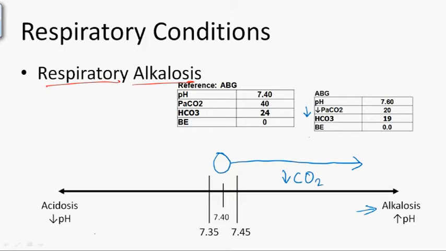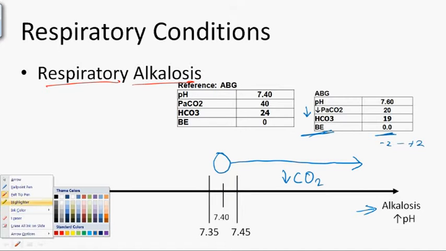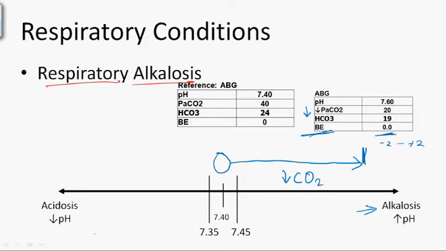Now, I know there's no effect from the kidneys or from any metabolic systems because my base excess is within that -2 to +2 range. So it's effectively 0. So when I plot that on here, I can say with a high degree of confidence that there is no change. The effect is 0.